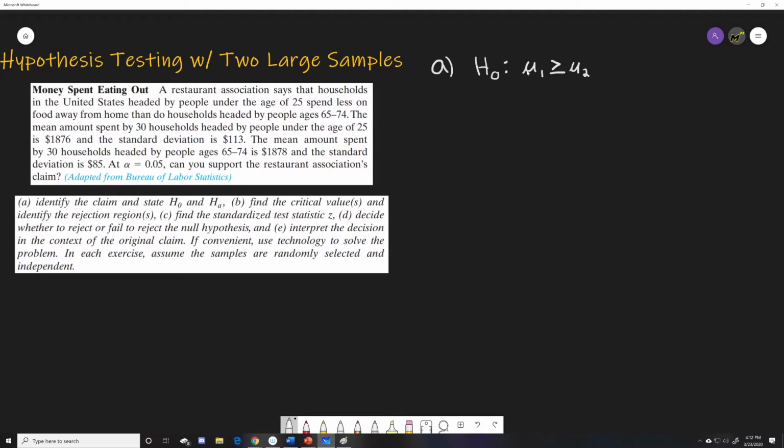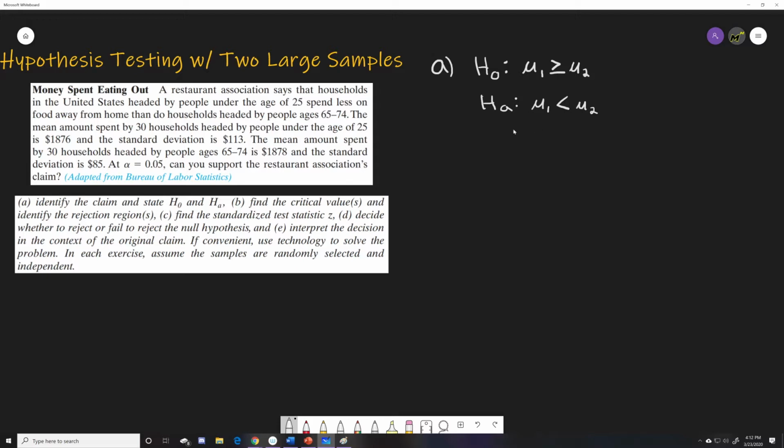So mu 1 represents the under 25 group, and mu 2 represents the ages 65 to 74. The alternative, H A, would have mu 1 less than mu 2.